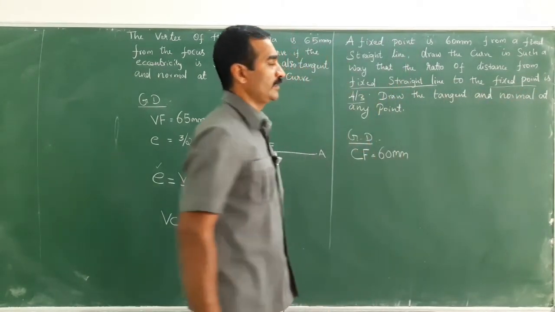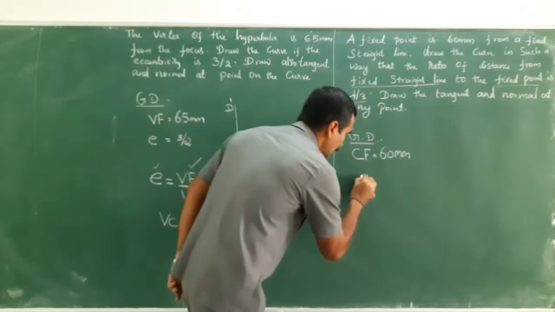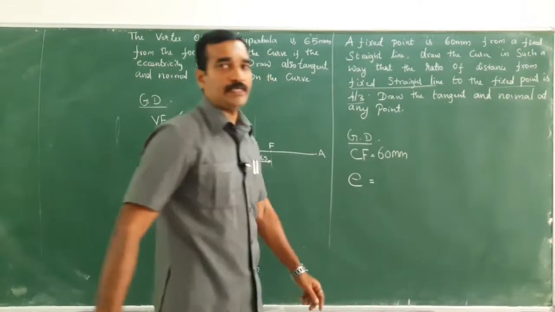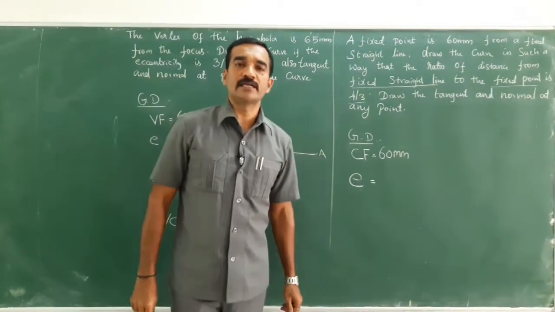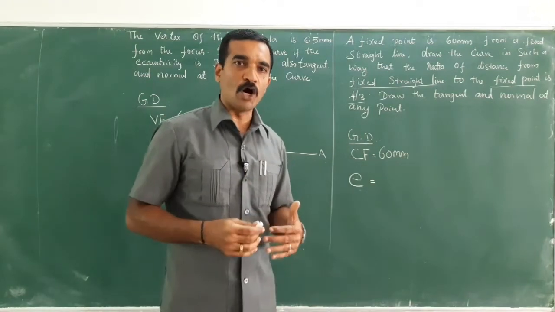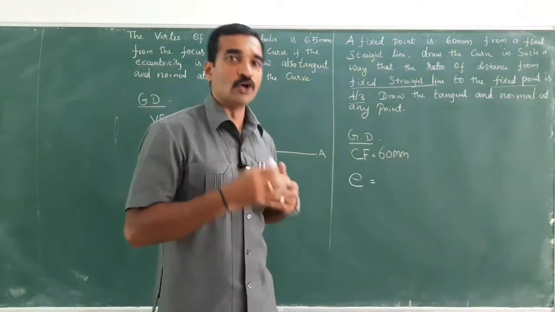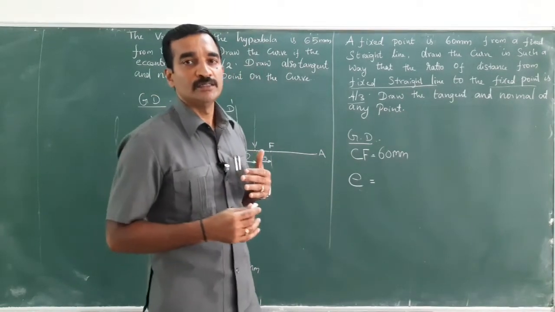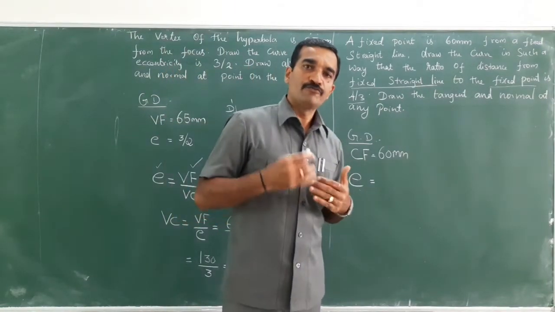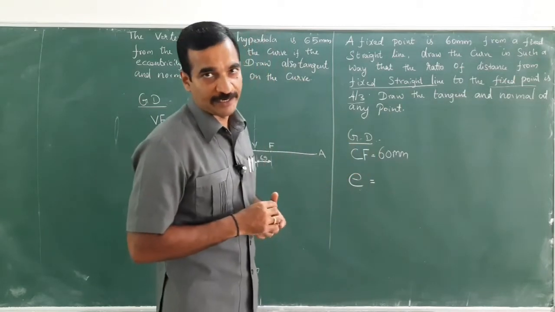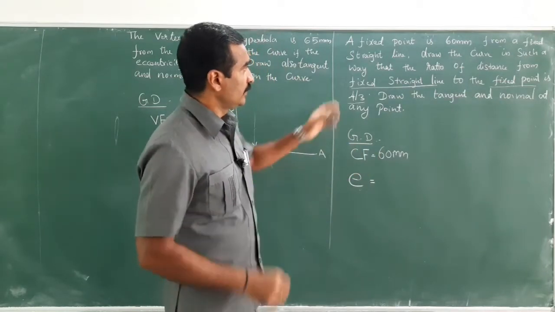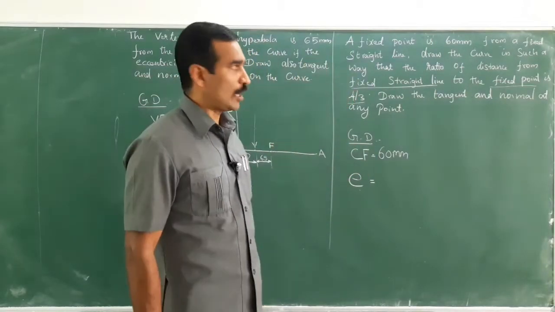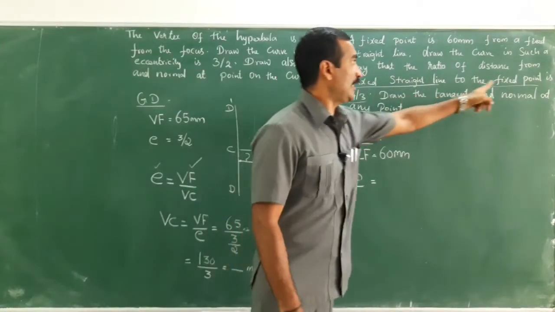It is 4/3. What is the formula of e? Eccentricity is nothing but the distance of the moving point from the focus to the distance of the moving point from the fixed straight line or directrix. Here it is given the other way round: fixed straight line to the fixed point.